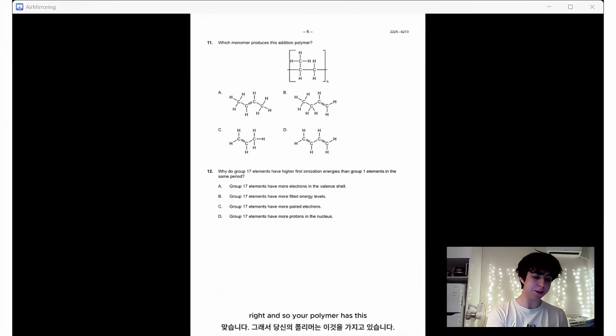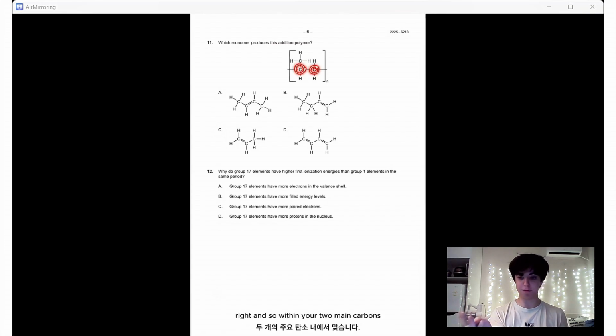And so your polymer has your two main carbons. Within your two main carbons, you have one that has a CH3 and then H, and then one that just has two H's.